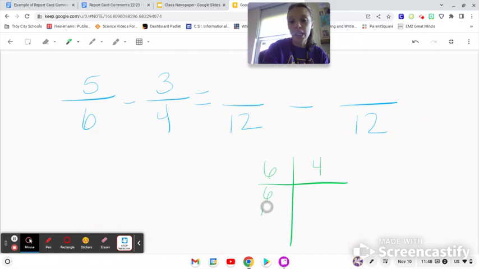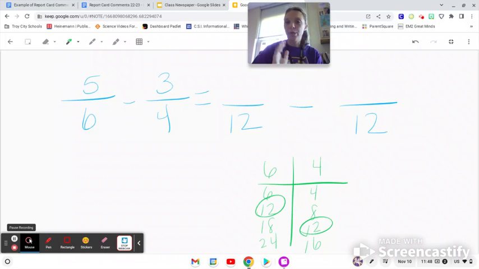So we'll do 6, 12, 18, 24, and that list goes on and on. Then we'll do 4, 8, 12, 16, and so on. You'll notice if you continue these lists, though, we're going to have more common multiples. But in this case, we want to find the least common multiple. Alrighty, 12 is our least common multiple, okay?